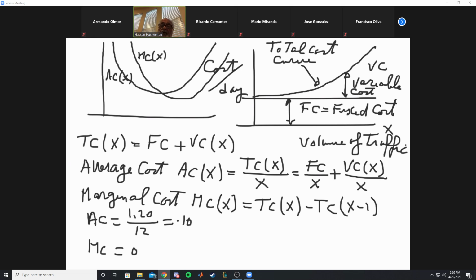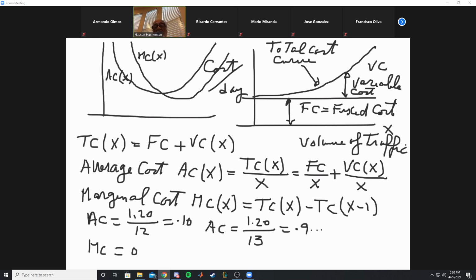So your average cost will be $1.20 divided by 13 pencils, which is about 9 cents and some. So it will be less than your average cost.